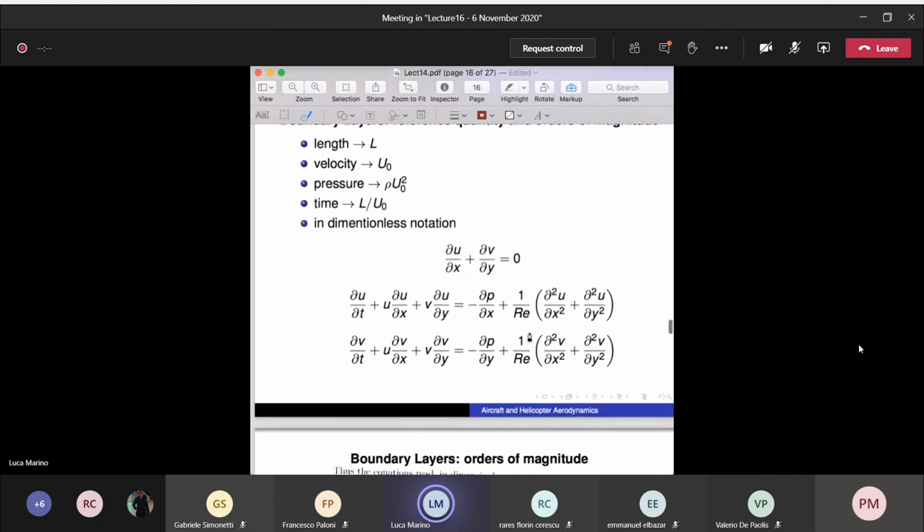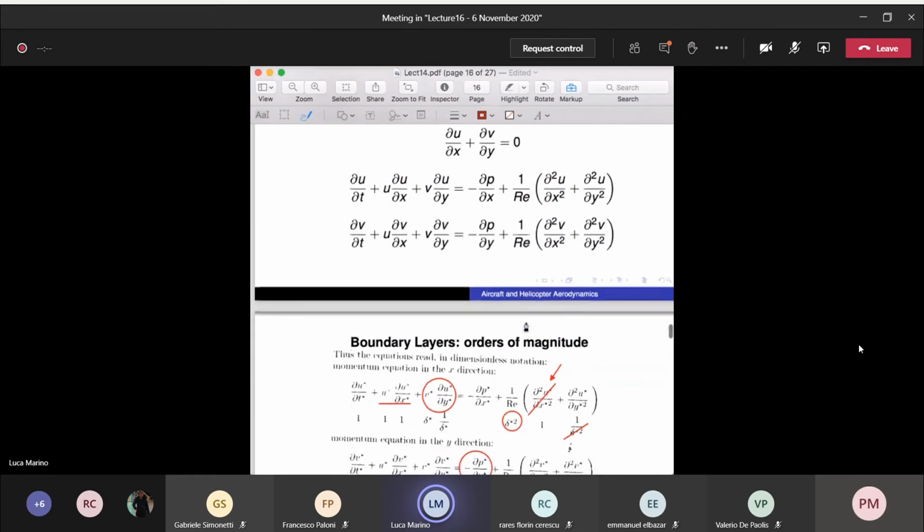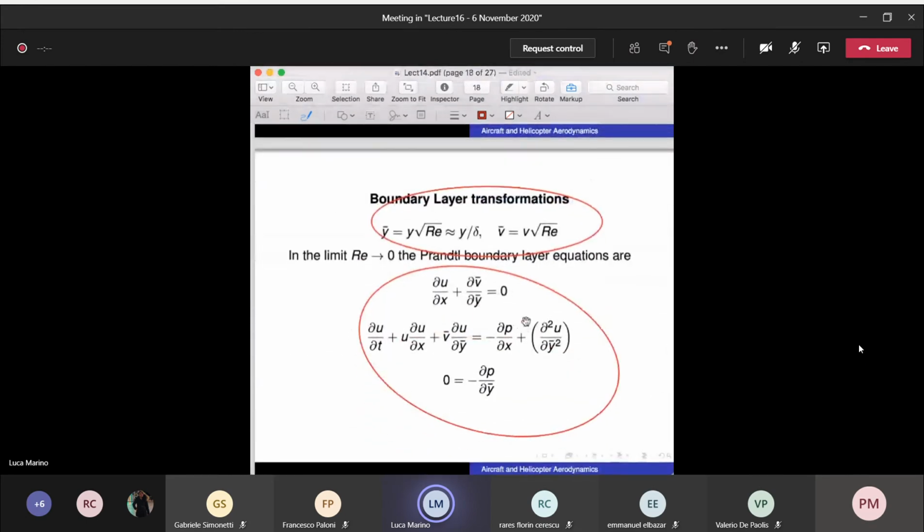But with Navier-Stokes, you have to repeat many simulations if you want to see the effect of the Reynolds. With the boundary layer, this is not necessary because you solve this set of equations, and then if you want to see the effect of the Reynolds number, it is just a sort of rescaling of y and v. Okay, you rescale y and v, so what is going on here depends on Reynolds in such a way. Is it clear at this point?